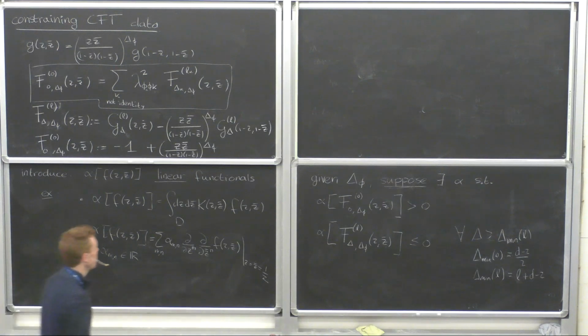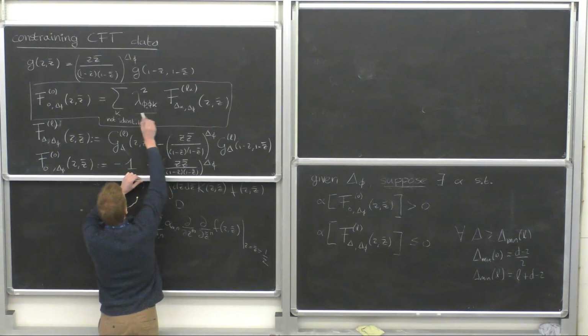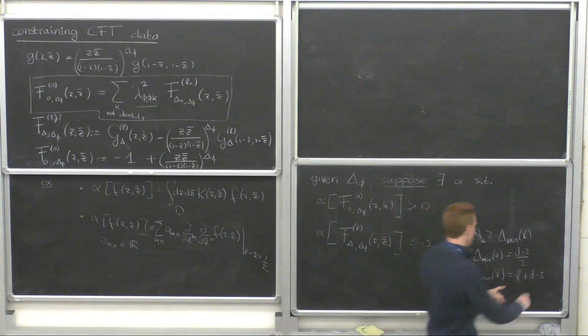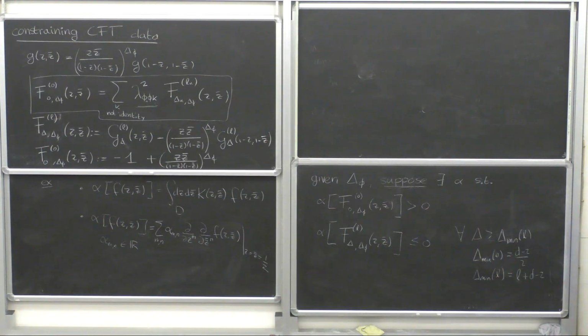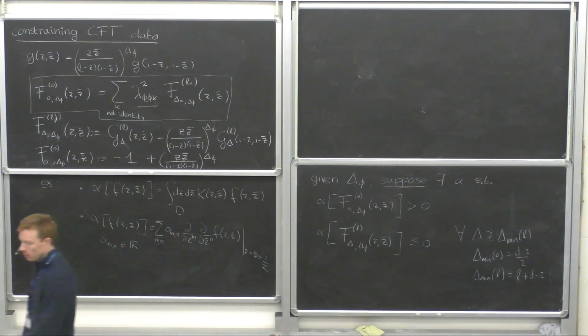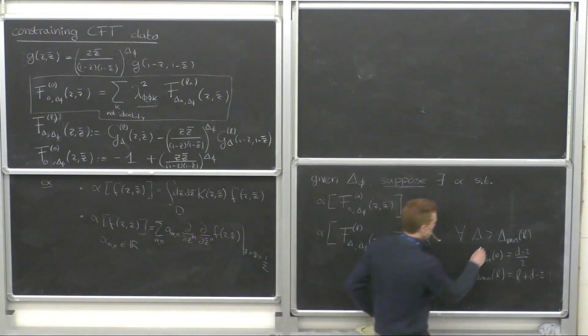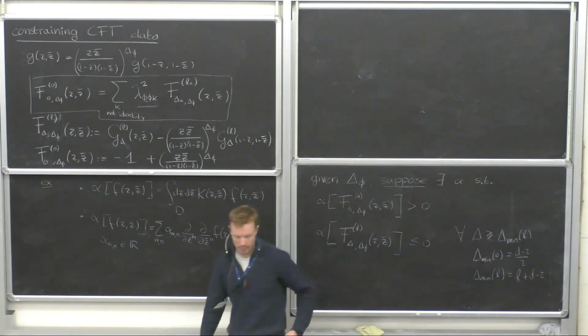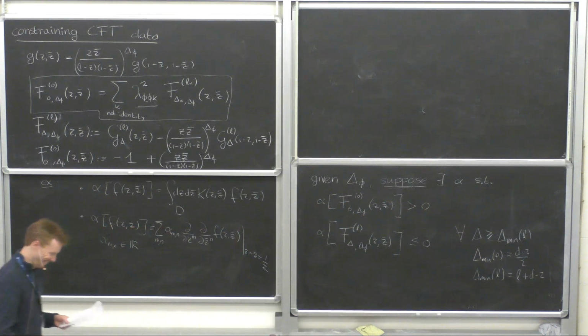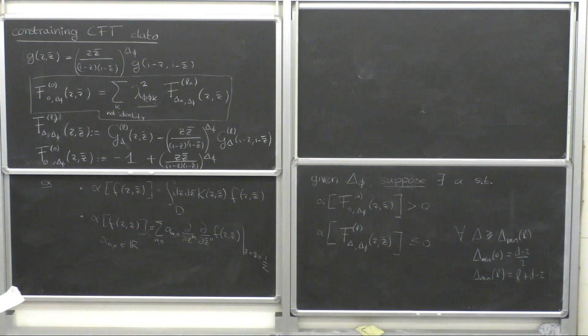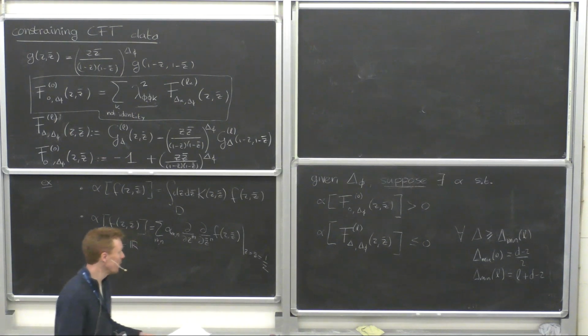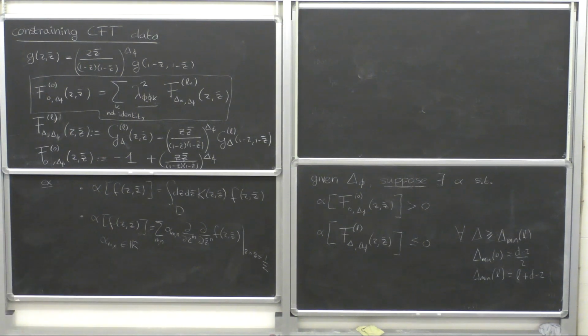And I'm using reflection positivity in two ways: it's the non-negativity of these coefficients, and it's these unitarity bounds. No, because there's an equal sign here. No way out. So then there would not be a reflection positive CFT with this delta phi.